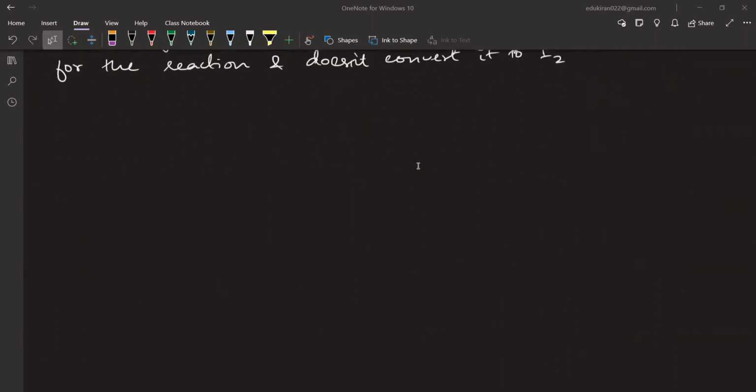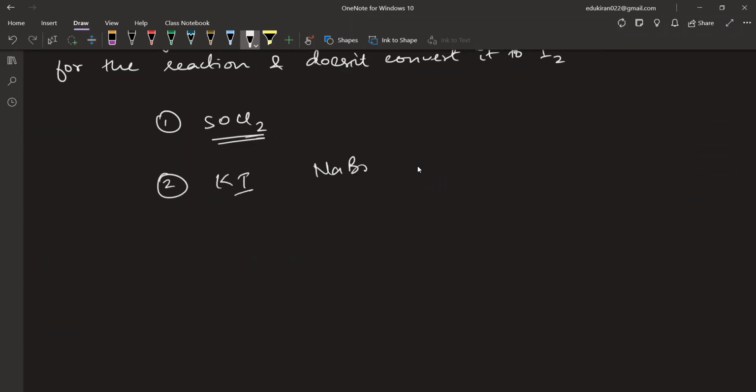Now, please write the topic. We have seen all the methods of preparation from alcohols, and we know what the important methods are. The important method number one, you can never forget, is SOCl2, because they will ask you why SOCl2 is the preferred reagent for the preparation of alkyl halides. Second is this question about KI.